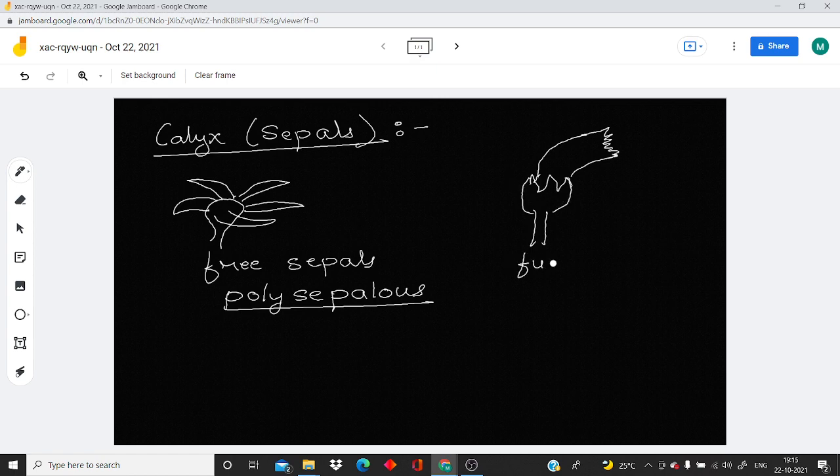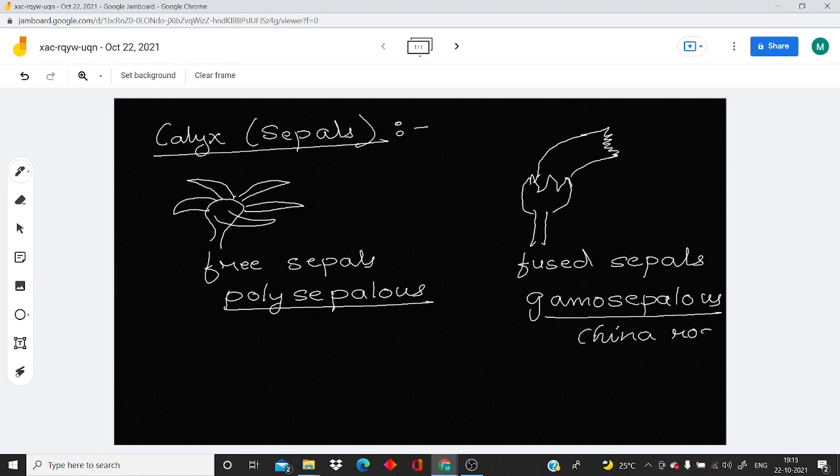So this is fused sepal and it also has a scientific name. It is called gamosepalous. This can happen in China rose, and polysepalous can happen in normal rose. So write down all this. I hope you have completed writing.